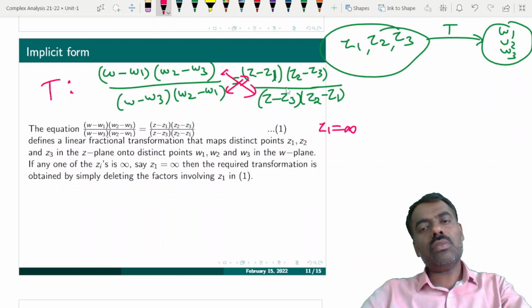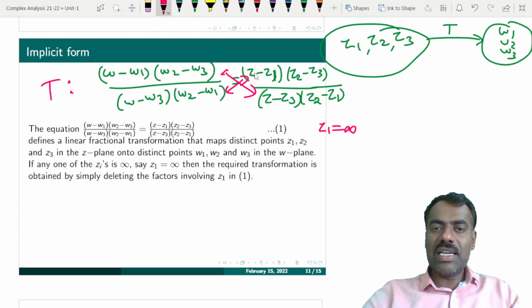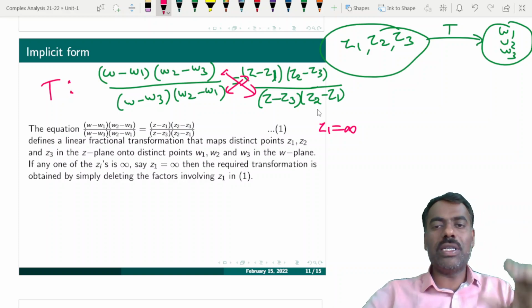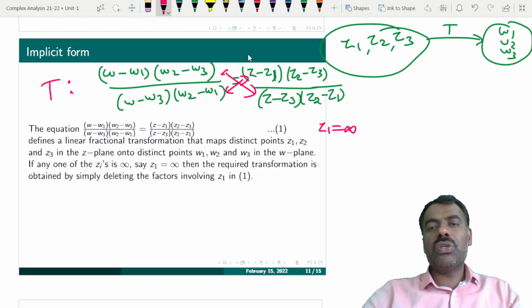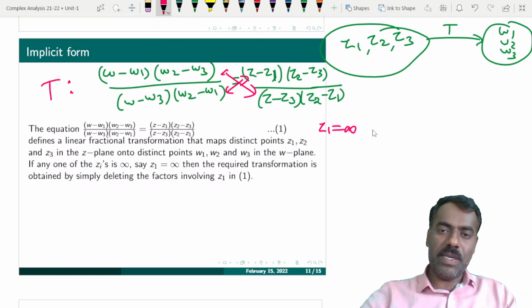Take out z1 here and z1 here, and the z1 will get cancelled. Here z upon z1 and z2 upon z1 will be there, so those terms will go to 0, and those two terms disappear.